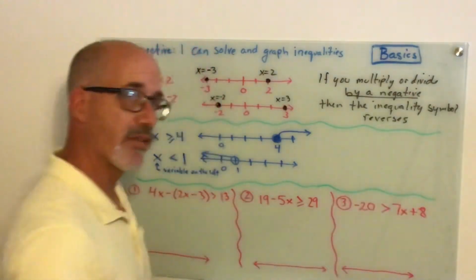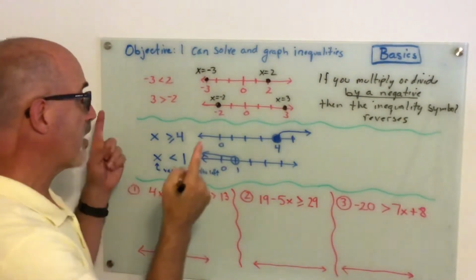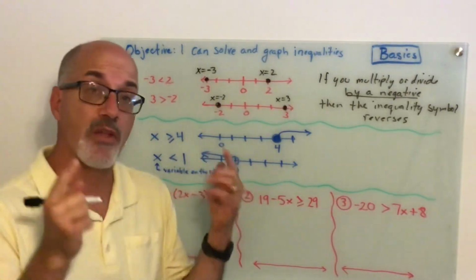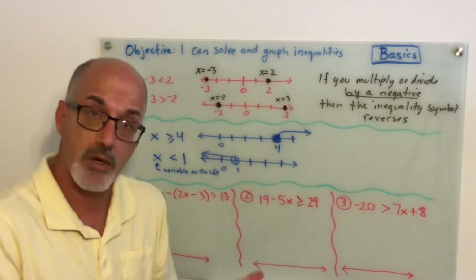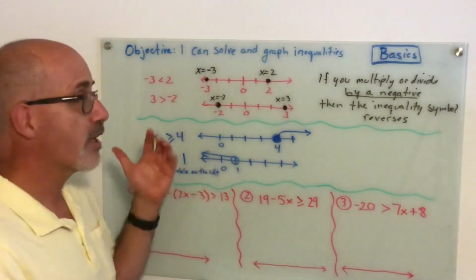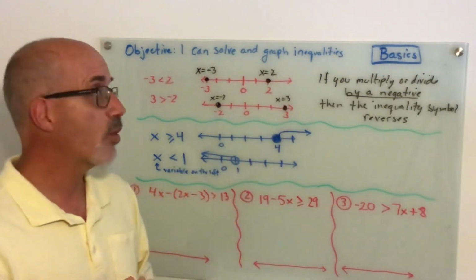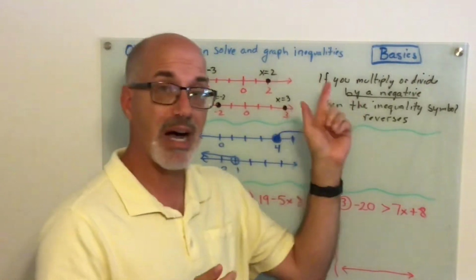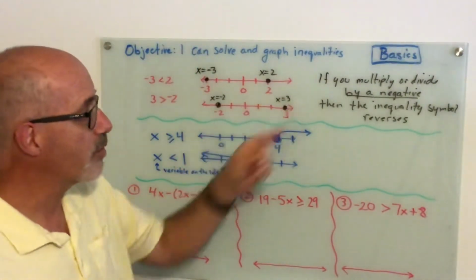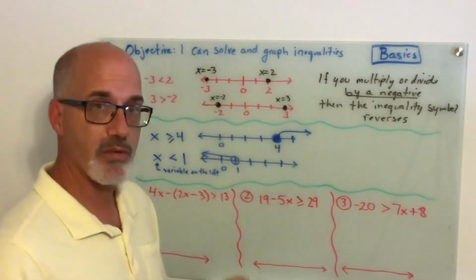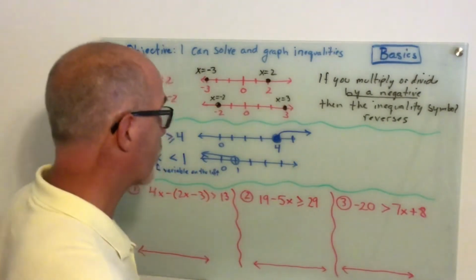If it was a greater than, it becomes a less than. It reverses direction. Otherwise, inequalities follow the same exact rules as equations. You can always add to both sides and the inequality stays the same, or you can multiply or divide by a positive and it stays the same direction. It's only when you multiply or divide by a negative that it reverses. So that's a critical thing to remember when going through these problems.